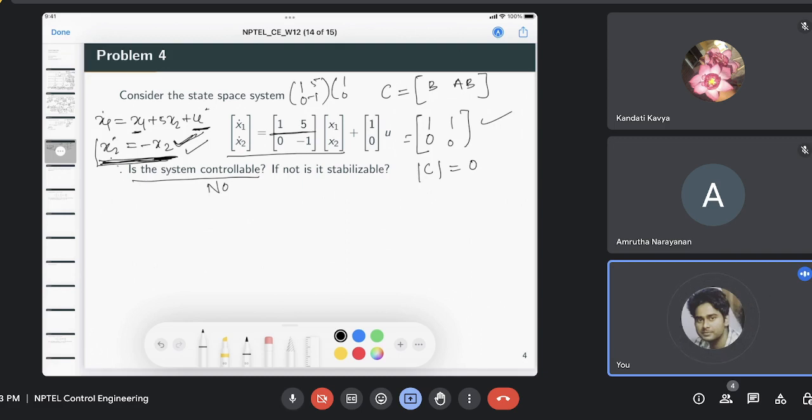Okay, now we come to the issue of stabilizability. What it means to be stabilizable is whether you can drive your system to be a stable system. If it is fully controllable, then by definition you can always find a control that drives the system to 0. Stability means your transient response should go to 0, and you can easily do that when the system is fully controllable.